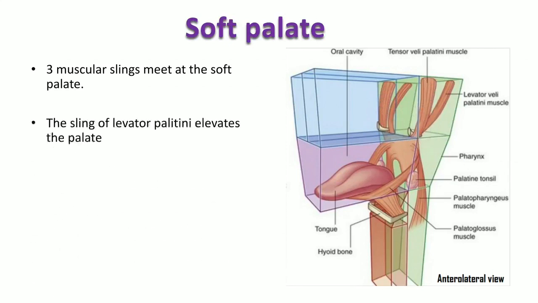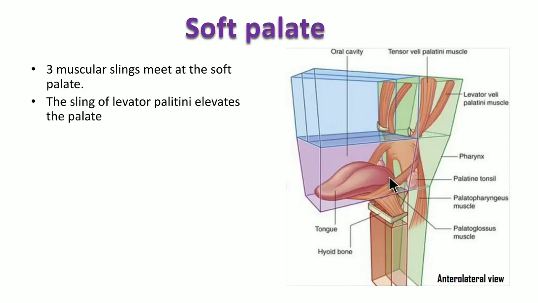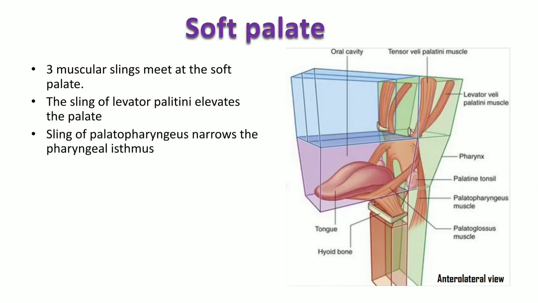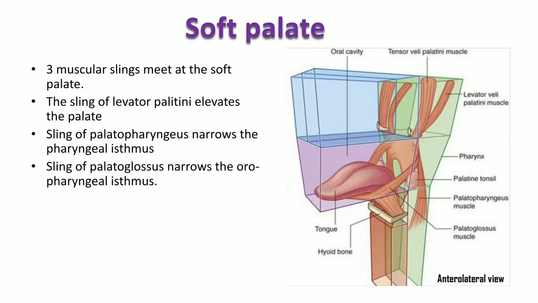The next sling, below, is formed by the palatoglossus muscle, which closes the oral cavity from the oropharynx, the oropharyngeal isthmus. So that is the palatoglossus muscle, which forms a sling below. The sling above is the levator veli palatini. And one more sling posteriorly is, as I told you, the palatopharyngeus muscle, which forms the Passavant's ridge.